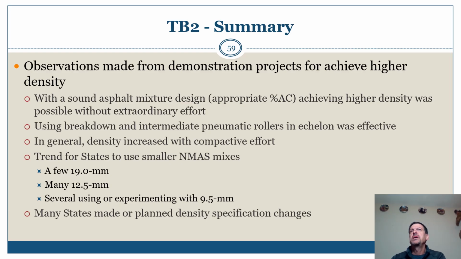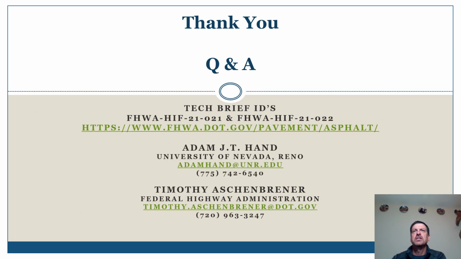Using breakdown and intermediate pneumatic rollers in echelon was shown to be very effective. In general, density increased with compactive effort. And the trend for states is to use smaller nominal size mixes. Again, many folks are looking at going to 9.5 millimeter mixes. And then, of course, many states have either made or plan to make density specification changes.